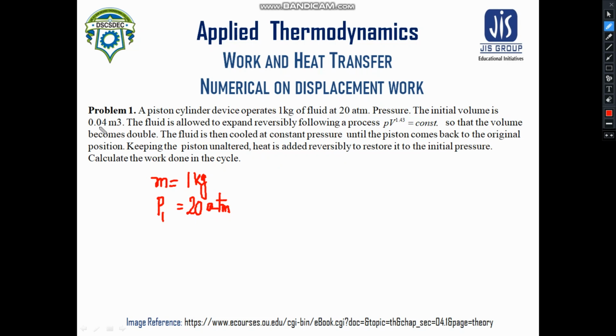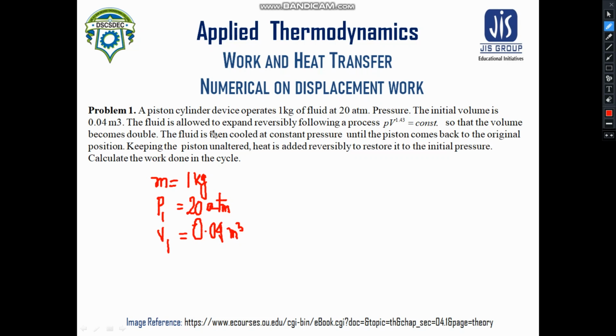The initial volume is 0.04 meter cube, so V1 becomes 0.04 meter cube. I'm just writing the data which are given in the problem.